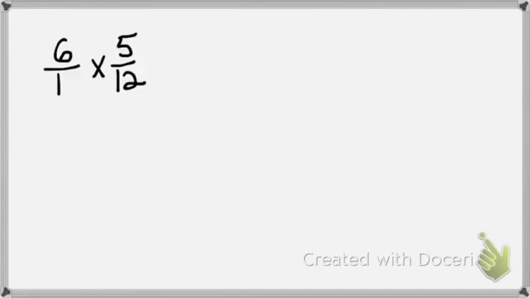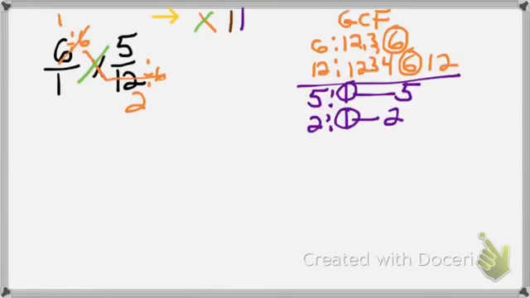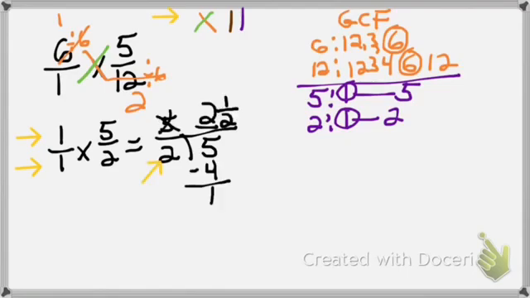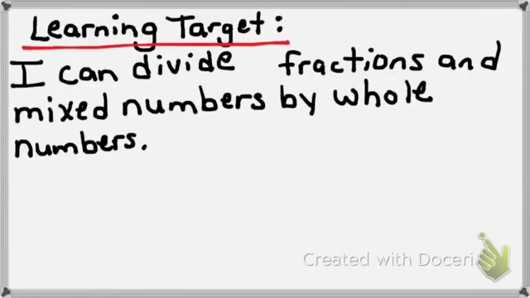Once it's turned into that multiplication problem, we cross-cancel using the X11 strategy. Once we've fully cross-canceled, rewrite your fractions and go ahead and multiply. Numerator times numerator, denominator times denominator. If it's an improper fraction, we have to drop it down into the division box pool and divide, which will get us our final answer.